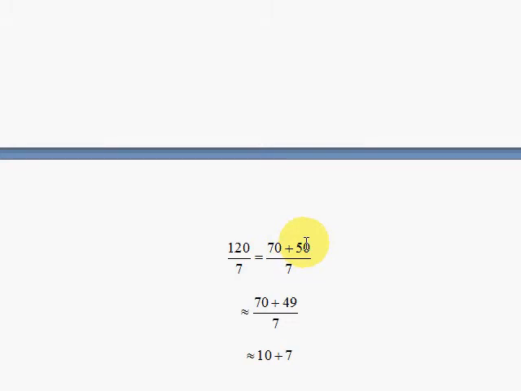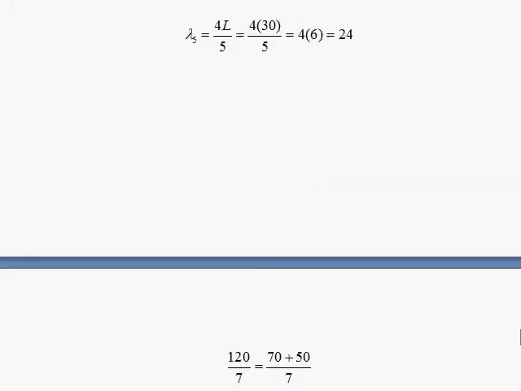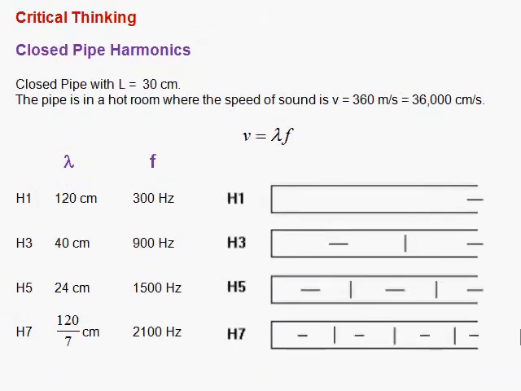And then the trick we used with the triangle wave for one of our homework assignments, when we had 1 over 49, we said that's like 1 over 50. So 50 is approximately 49, so the little squiggly equal signs means approximately, and we get 7 into 70 is 10, 7 into 49 is 7. This is roughly 17.